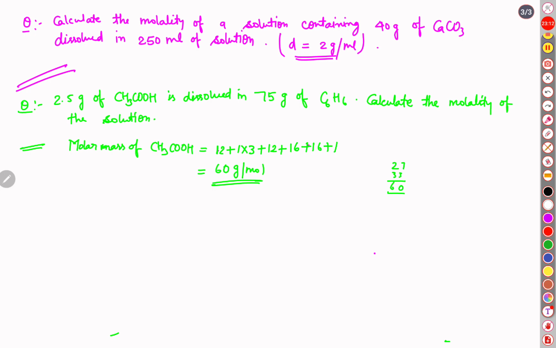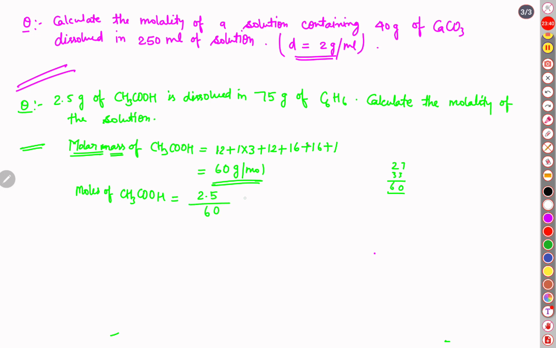Now moles of CH3COOH we have to find out. For finding the moles, we have first found out the molar mass. Moles of CH3COOH is equal to, already 2.5 gram is given, mass by molar mass.